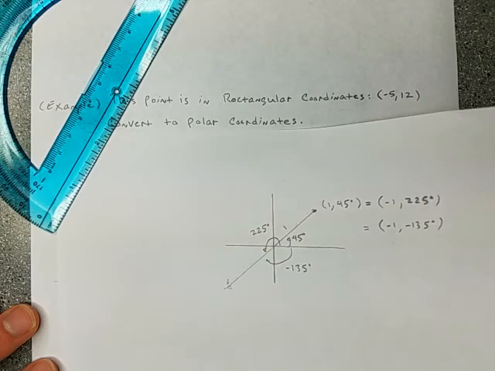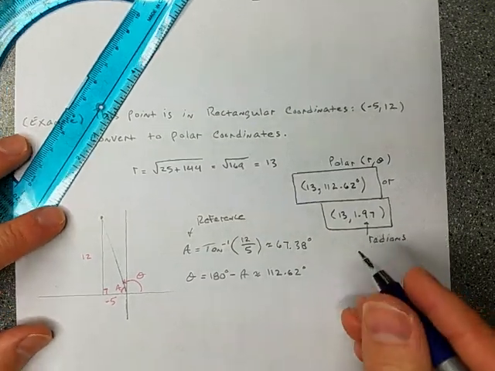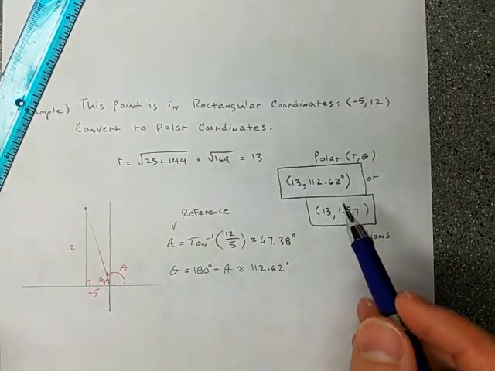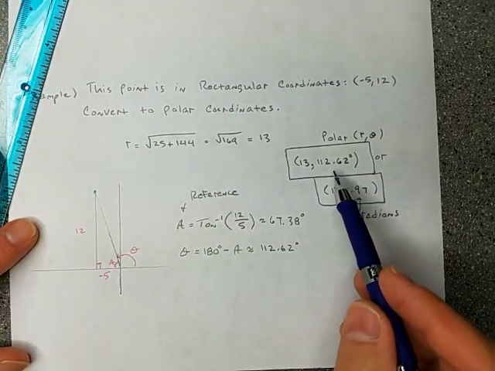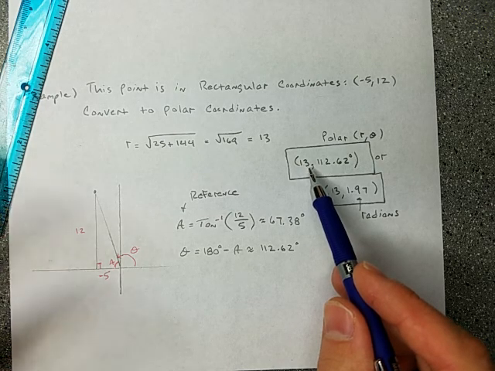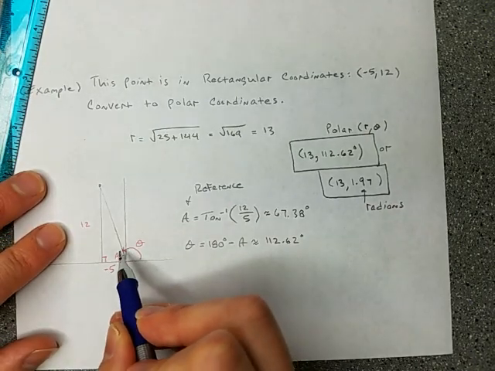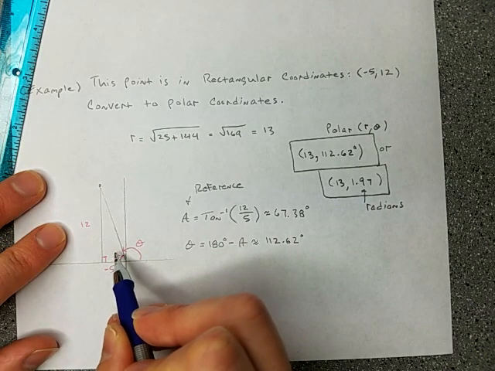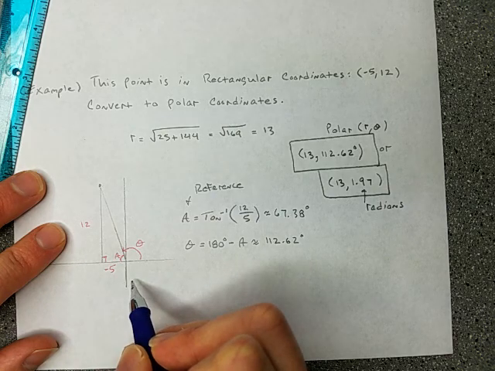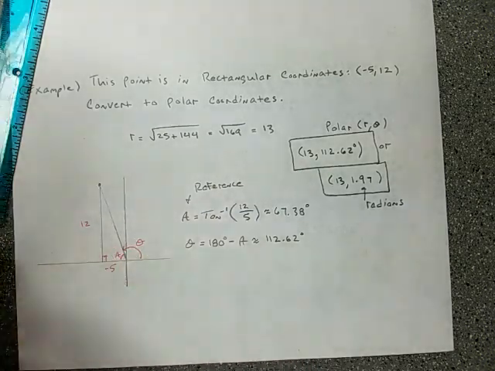Now, depending on the question that you're doing, you may have to write it different ways. So with this one, how could I write it if r is supposed to be negative, what if that's the specification? Then I could say, well, that's 112.62 degrees. If I add another 180 to it and make r negative, I'll get to the same thing, okay?